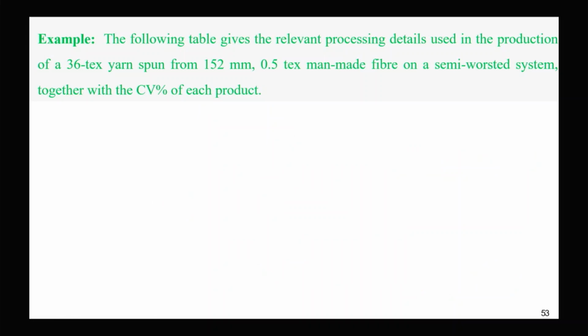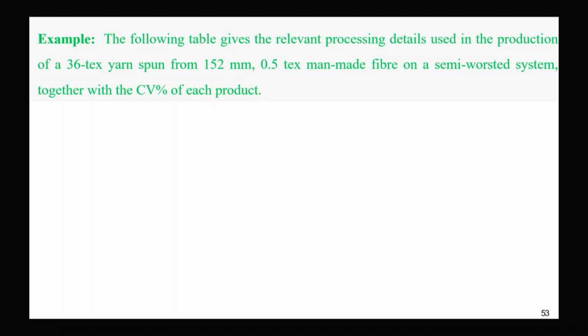So first main issue is that we have to calculate the number of fibers at any point of time. In any of the stages we must calculate the number of fibers. So to know the number of fibers, we must know the linear density of fibers.